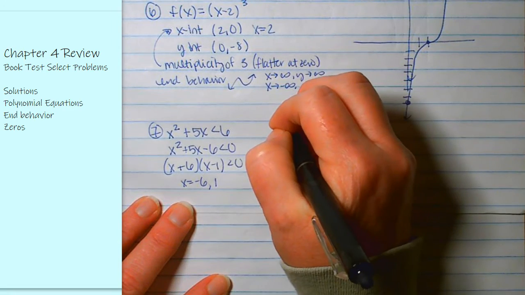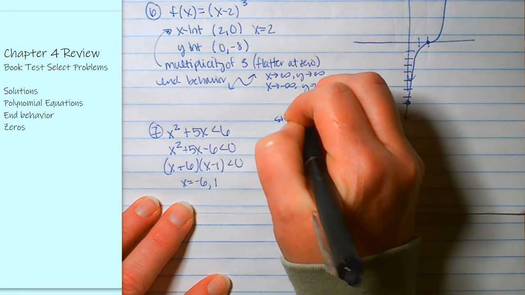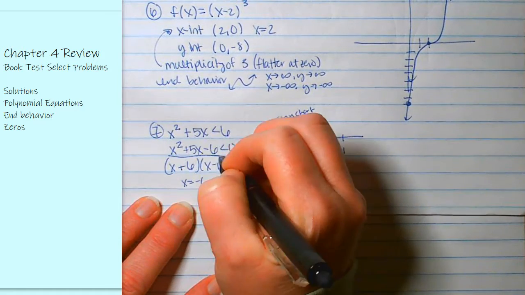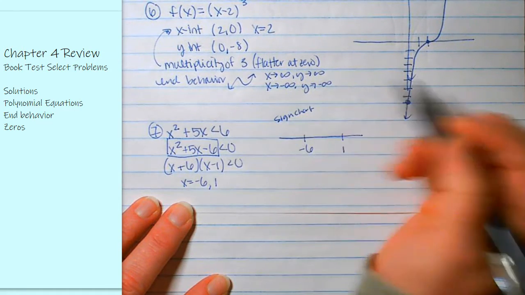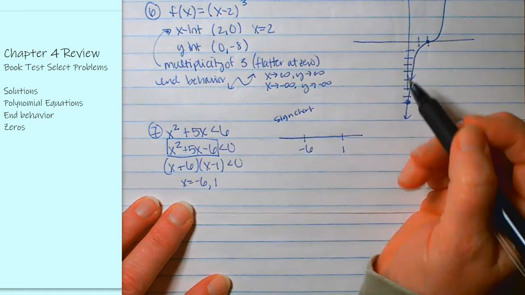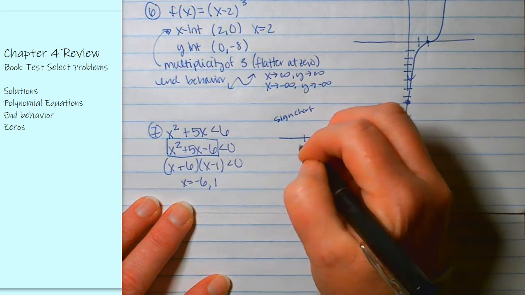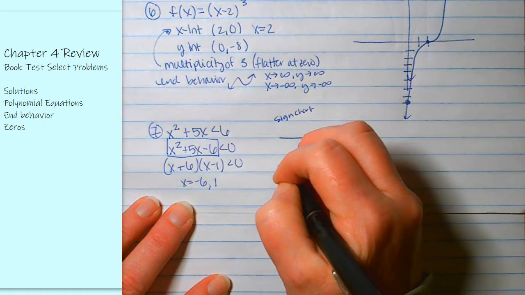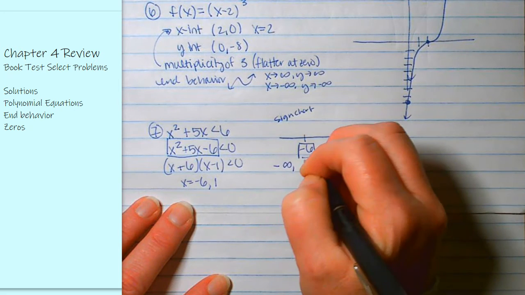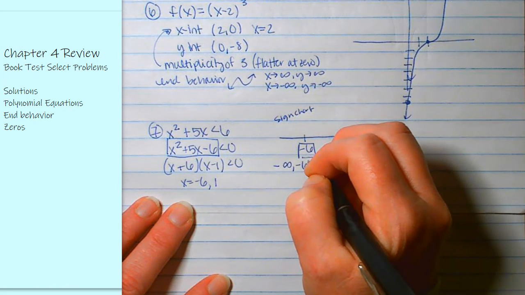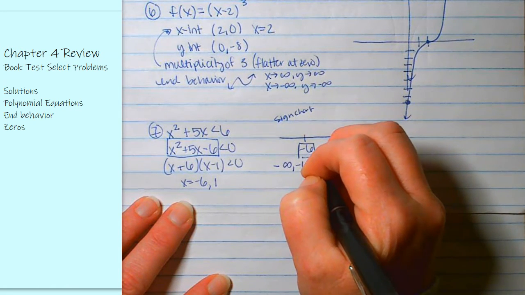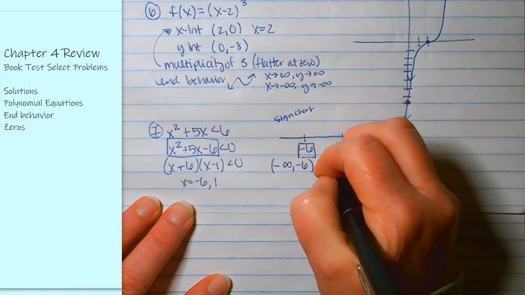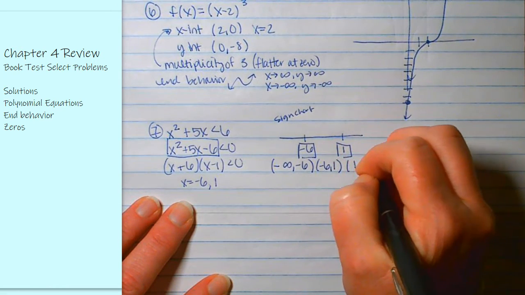So this is going to be a sign chart because I'm looking for the values here to be less than 0, or negative. Before I plug in negative 7, I've got these 3 intervals: negative infinity to negative 6, and I'm going to have this kind of bracket because it's not equal to, negative 6 to 1, and 1 to infinity.